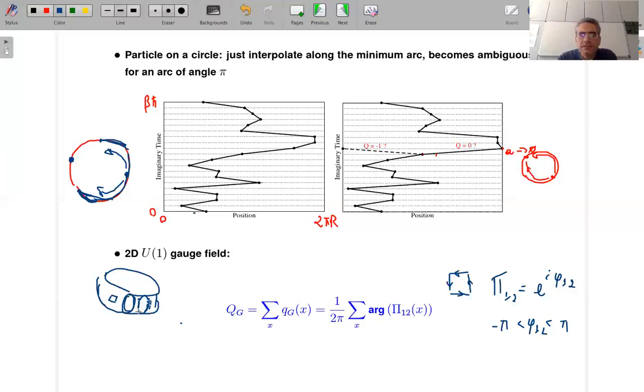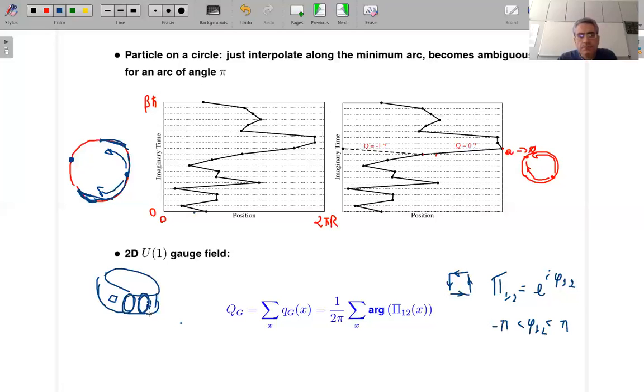So if we stay with the U(1) gauge field on the torus, to each of these circles we have an associated value of the so-called holonomy, the integral of the gauge field along this line, which is a sort of Polyakov loop for this compactified direction.